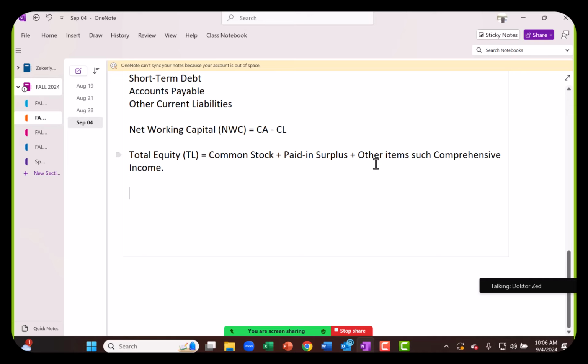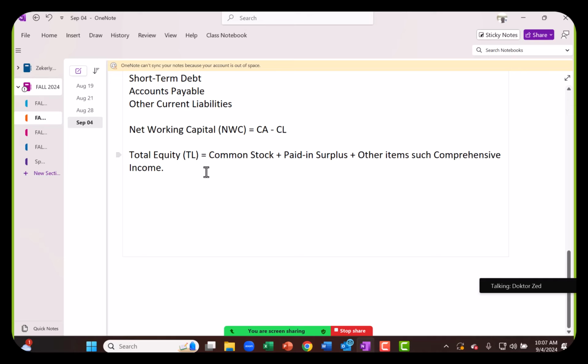A lot of times they attach just 1 cent. It doesn't matter what you attach to it, but that's listed as common stock. But when the firms actually sell that share, they're not getting 1 cent. They're getting something more. The difference between the nominal value of a stock and the value you got for selling it is called paid in surplus. And these two are basically called capital in that sense.